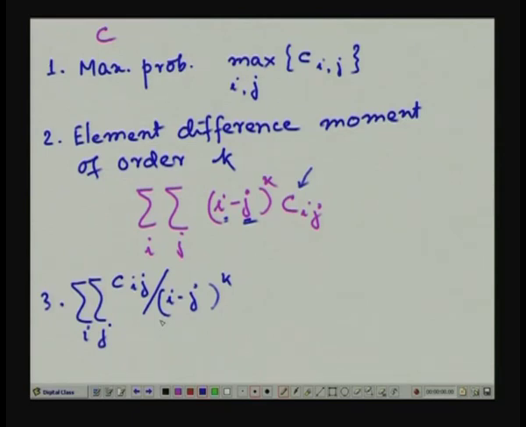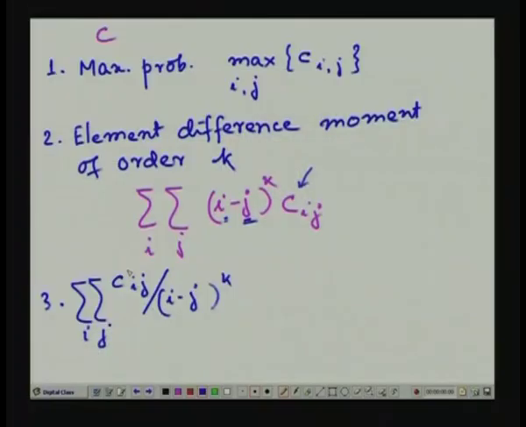That means, if larger values of C I j appear along the main diagonal, in that case this particular quantity will have a higher value, and if the elements along the main diagonal have low values, then this will also give a lower value.